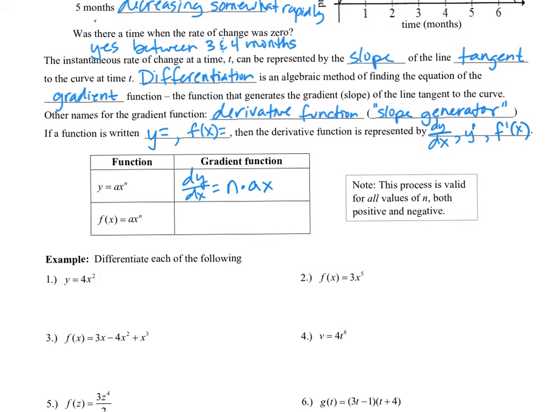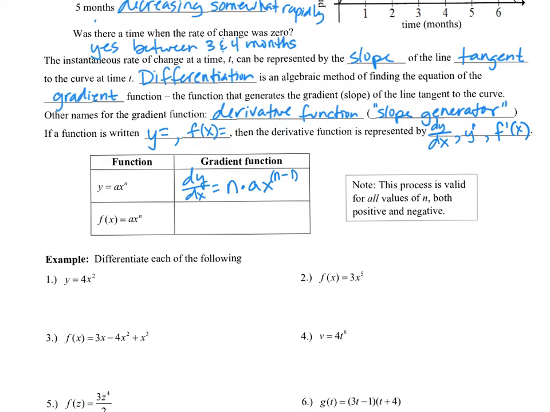So again, you'll start by bringing the exponent of x around to the front of the term, multiplying it by the coefficient, and then the next thing you're going to do is decrease this exponent by 1. So instead of x to the n, now it's going to be x to the n minus 1.